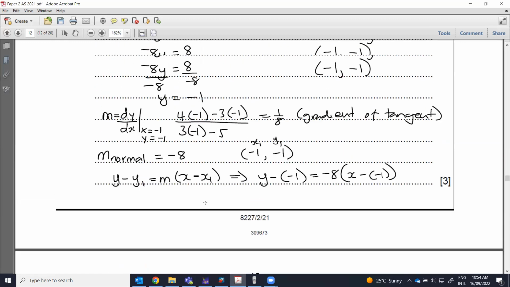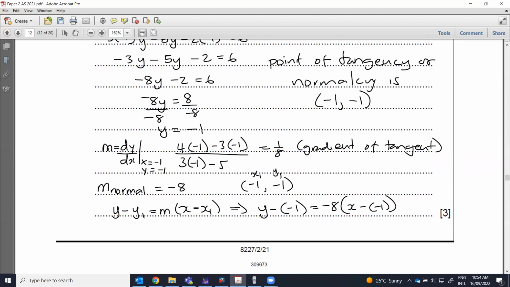Simplify. Okay, so here we have y minus negative 1 is y plus 1. And then negative 8 times (x plus 1). So now we multiply out.